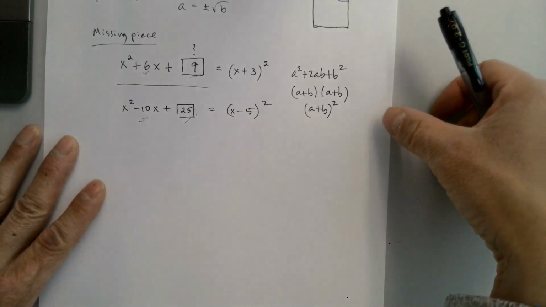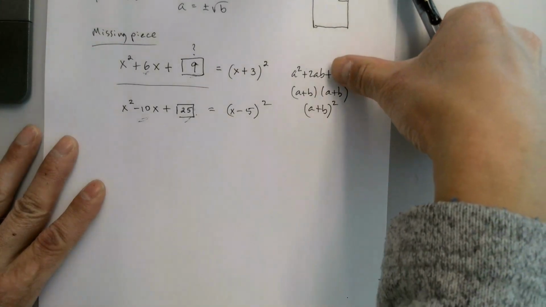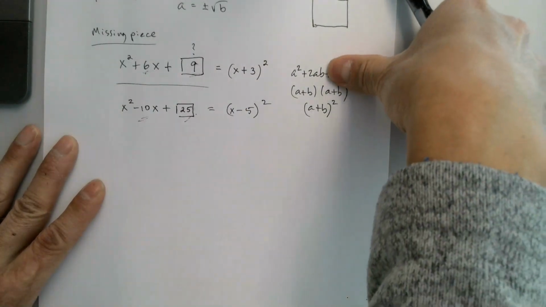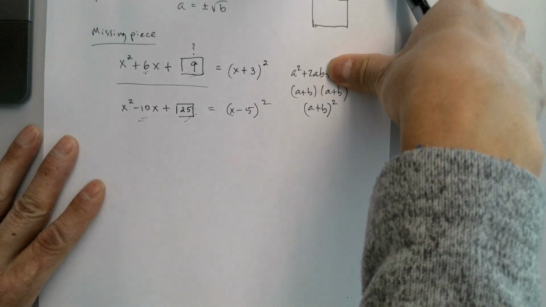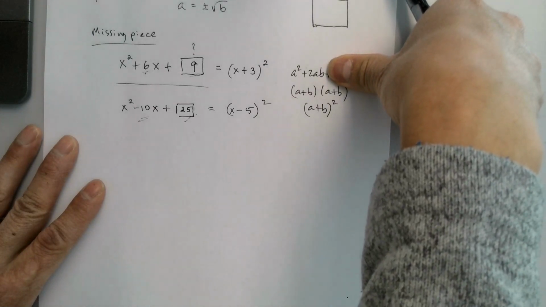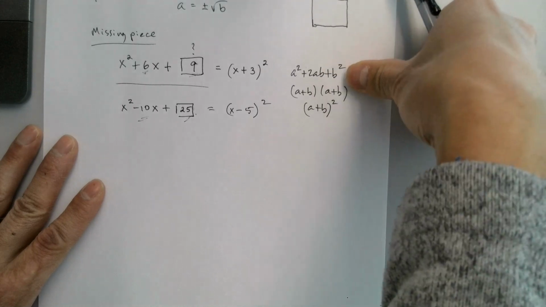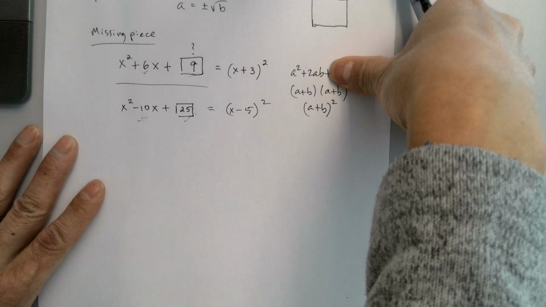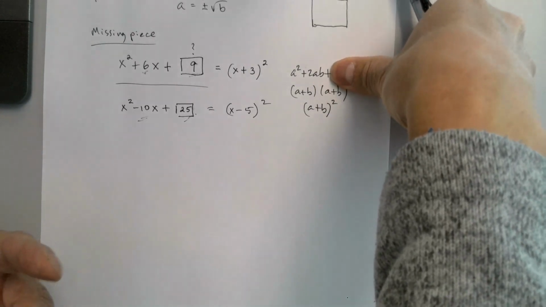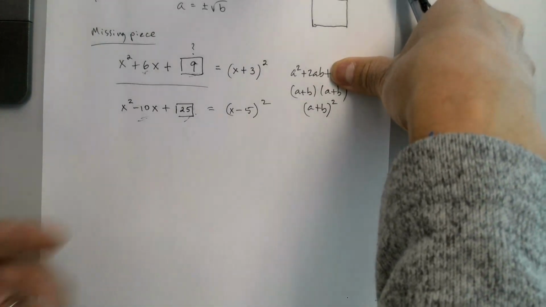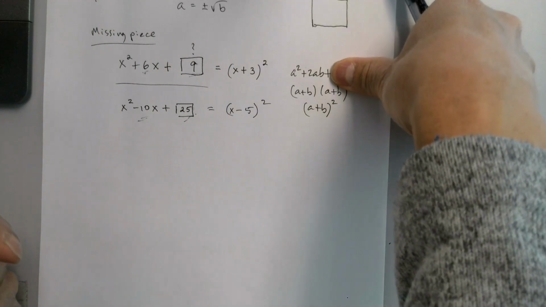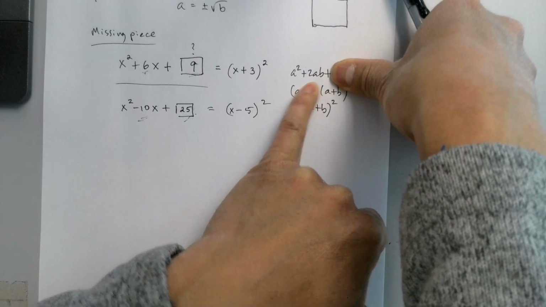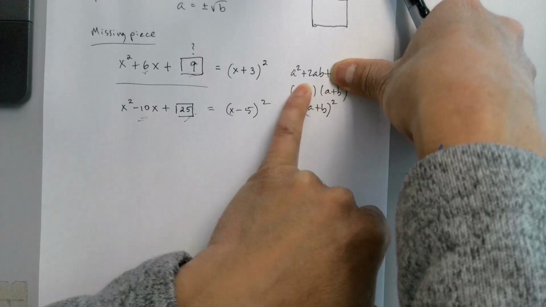Okay, so in the missing piece exercise, we don't have the b squared. We just have a squared plus 2ab. The b squared is not there yet. We're trying to find the b squared. To find the b squared, it would help to know what b is, right? Well, luckily, b is located in my middle term.